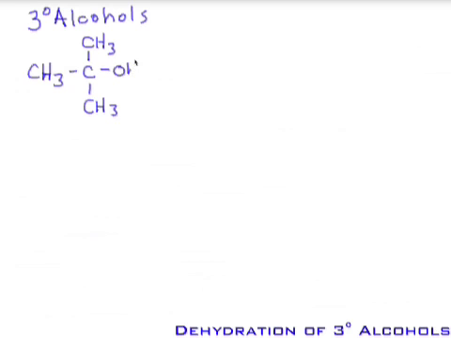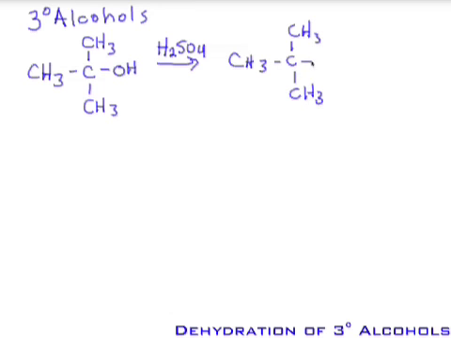React it with an acid to protonate it. So you might use H2SO4 again, or H3PO4. You can even use Lewis acids in these. Tertiary produces substituted double bonds, and so reacts very quickly. And you can get away with lower temperatures the more reactive it is.